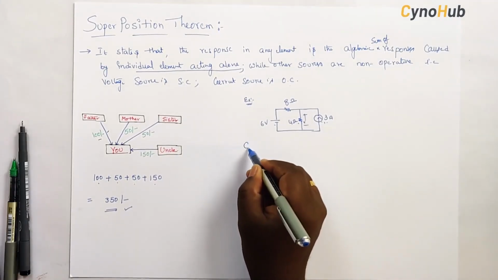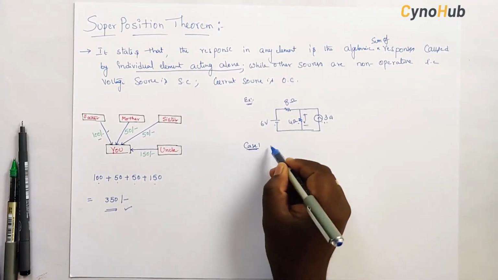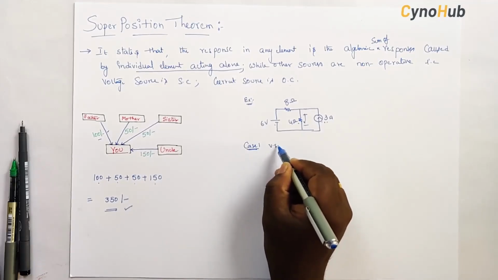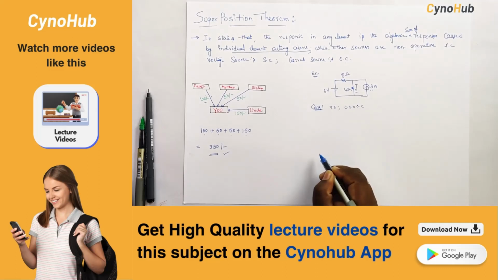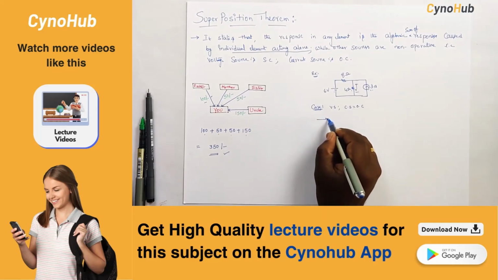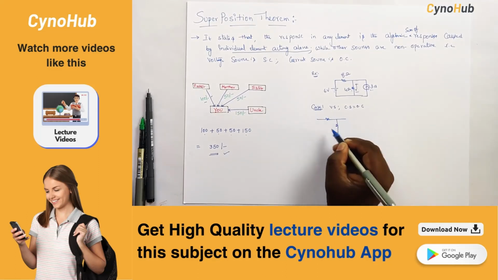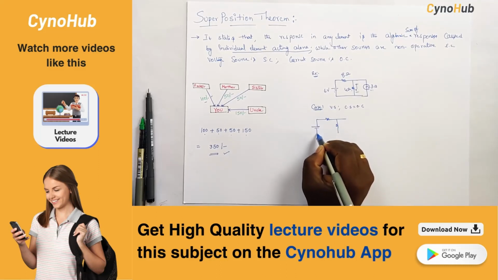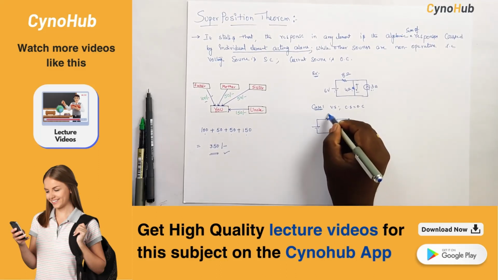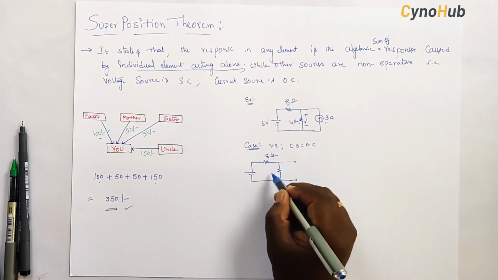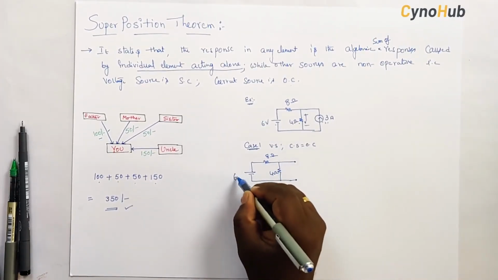Now case 1. I am considering the voltage source, and the current source is replaced by an open circuit. Redraw the diagram: it is open circuited, and this is 8 ohm, this is 4 ohm and this is 6 volts.